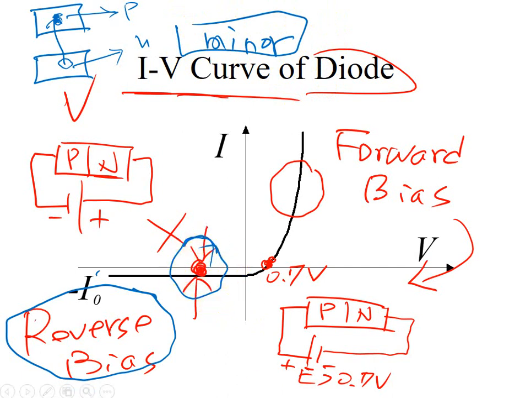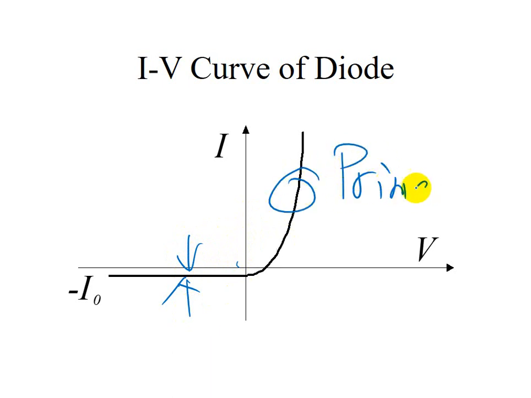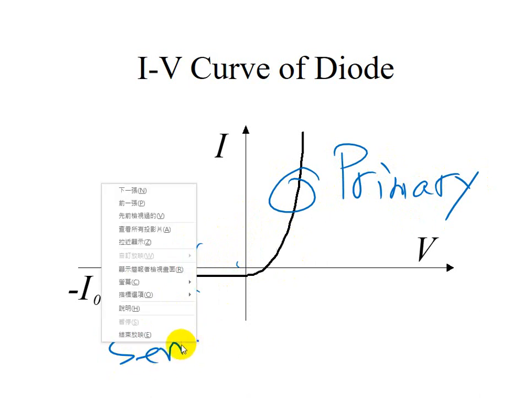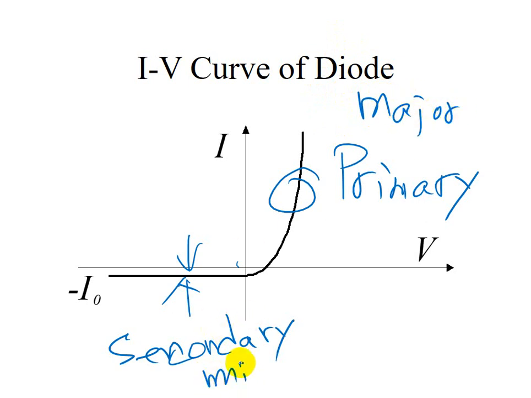So over here it's because of the secondary charge particle, and this is primary, and this is secondary, or we say this is the major charge carrier and this is the minor charge carrier.